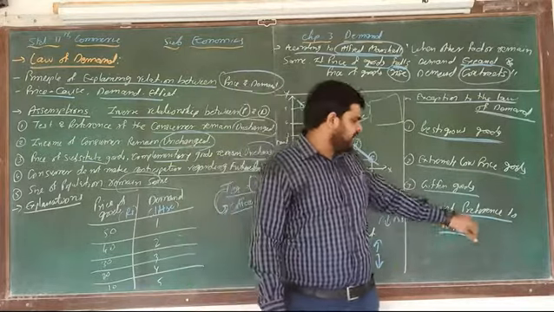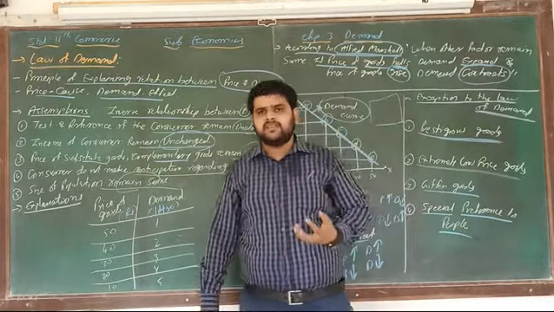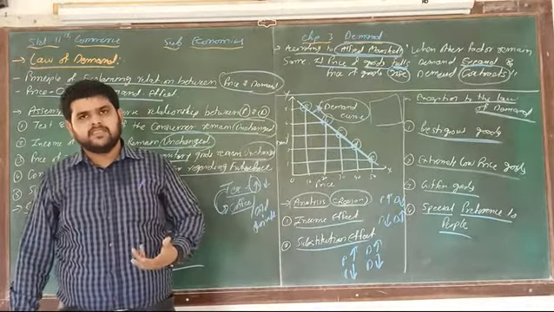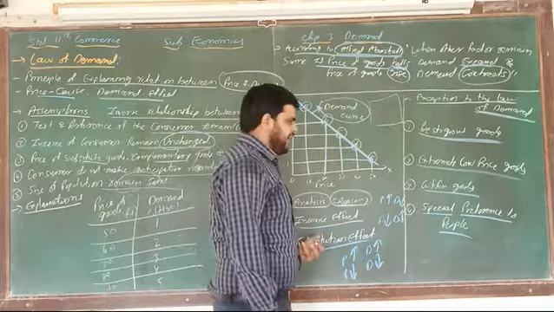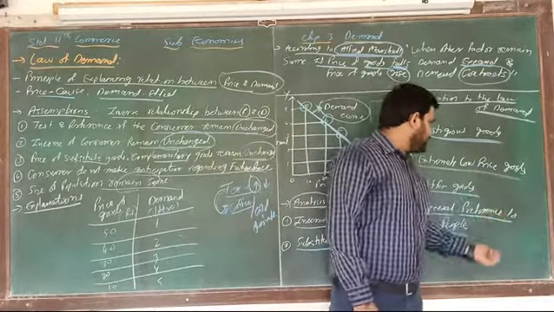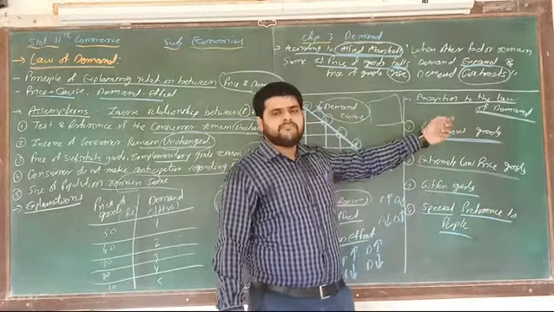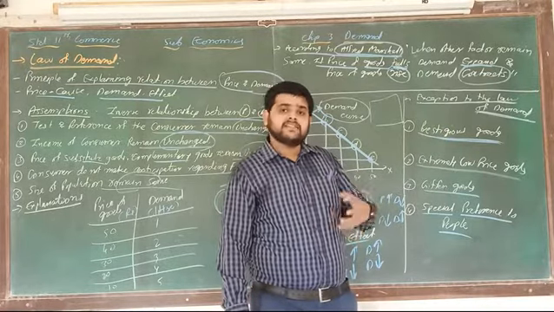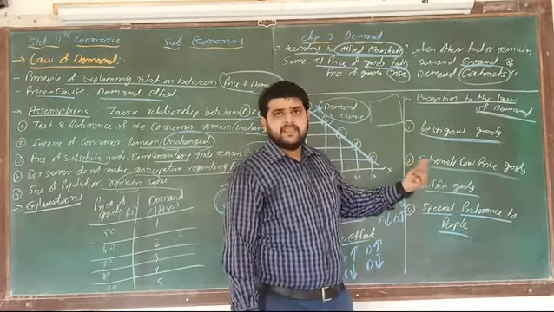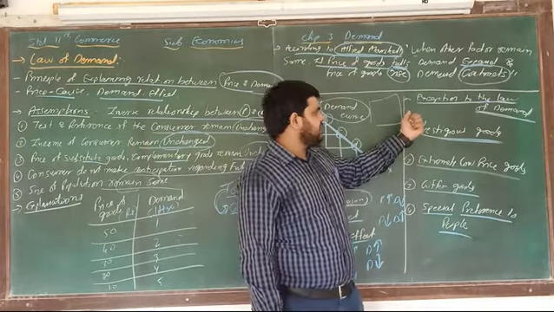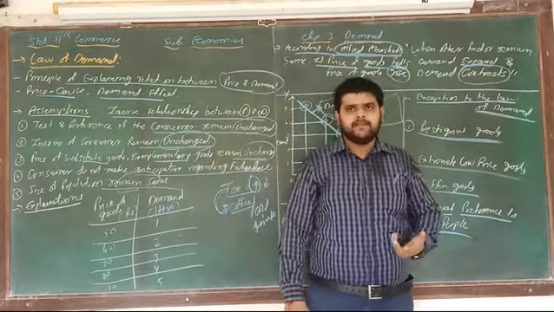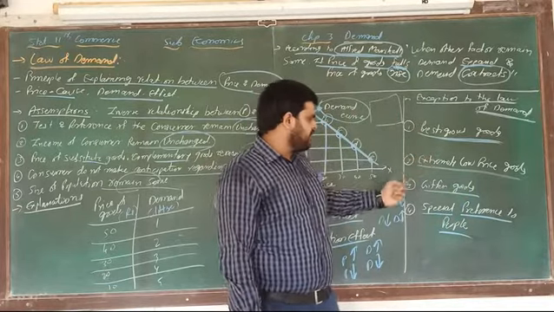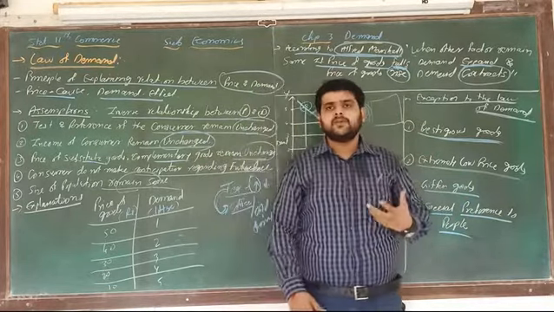So this is the most important thing, friends: in these four types of goods, the law of demand is not working. They behave adversely. So these are the exceptions to the law of demand: prestigious goods, extremely low price goods, Giffen goods, and special preference of people.